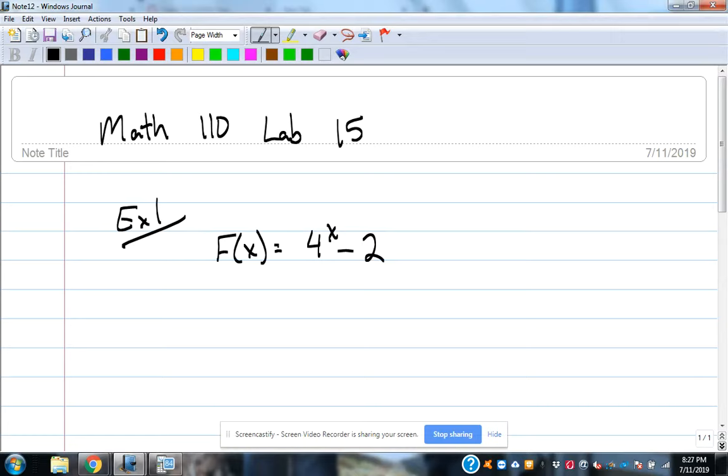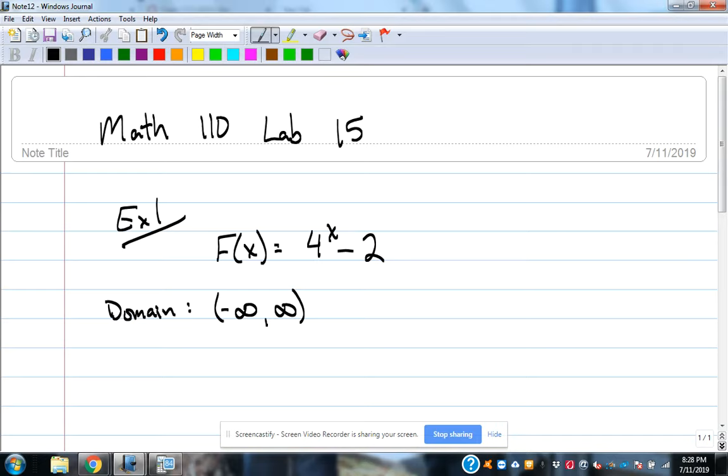So let's talk about a few general things with exponential functions. The domain of most exponential functions is from negative infinity to positive infinity, which would be the case for this one. The range is dependent upon the function and where it's shifted.